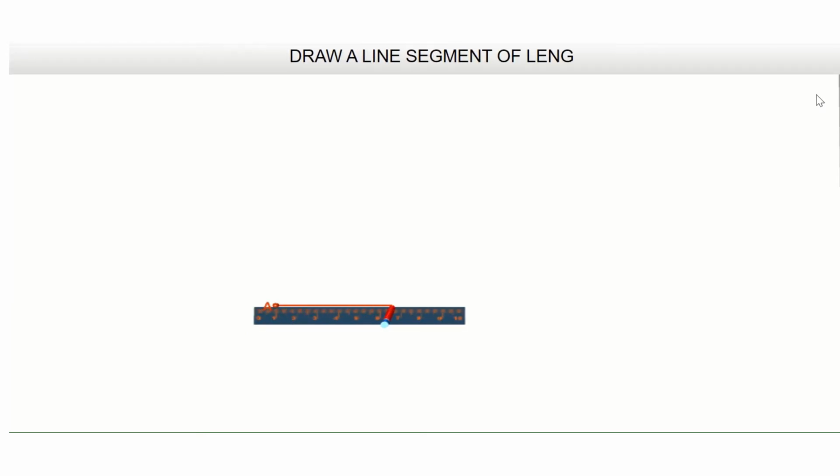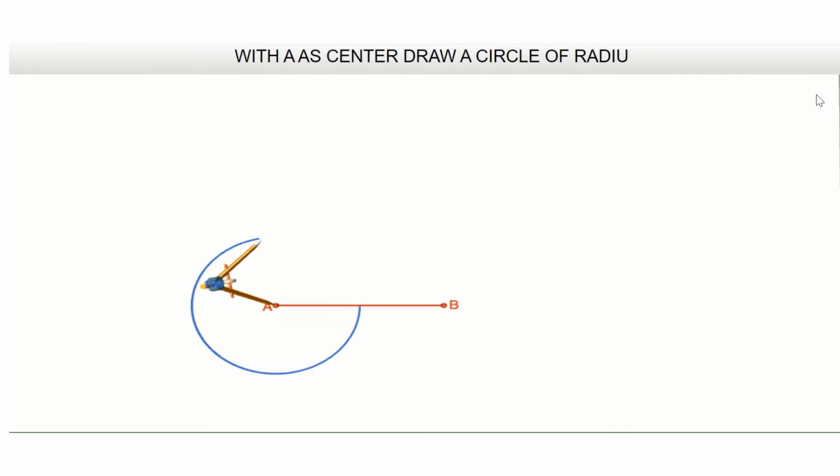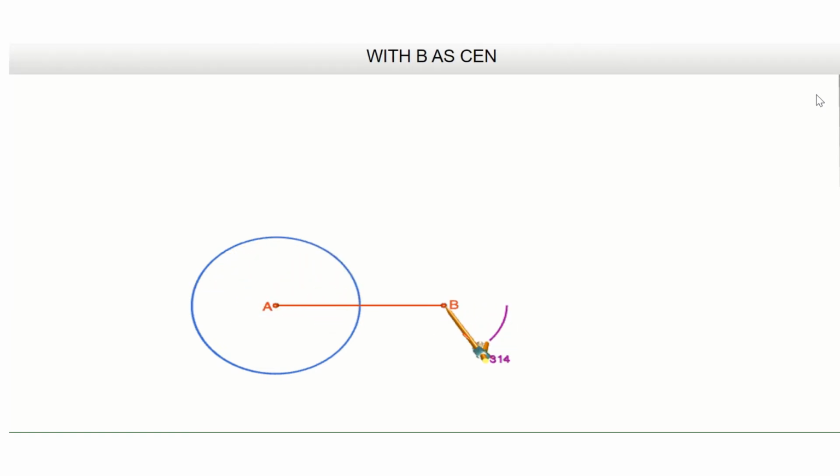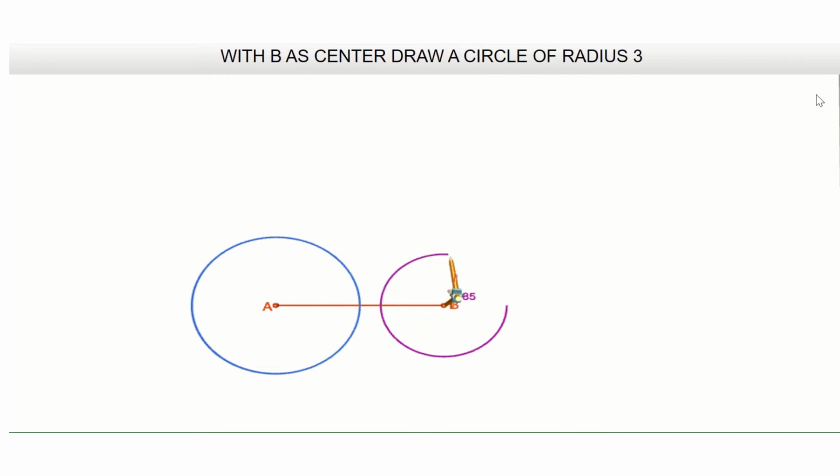First, they have given that we have to draw line segment AB. So I am going to draw the line segment AB with length 8 centimeters, okay? Then another point B I am going to mark. After that, with A as center, 4 centimeter radius, I am drawing one circle, and with B as center, 3 centimeter radius, I am drawing another circle.